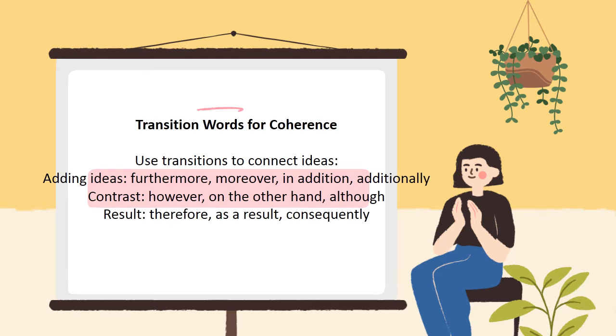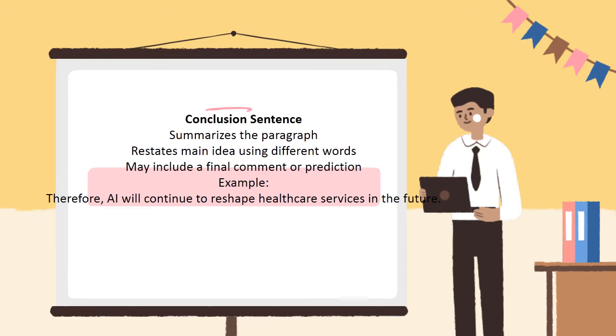To contrast the idea, you can use but, however, on the other hand, or although. To use a transition word for the concluding sentence, you can use therefore, as a result, consequently, in conclusion, to sum up, or to conclude.